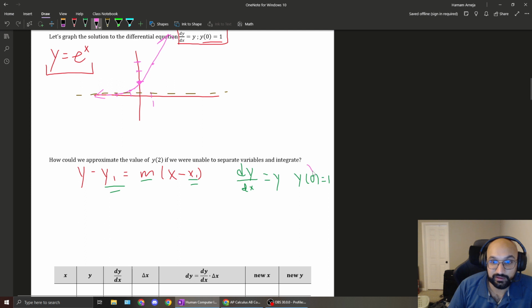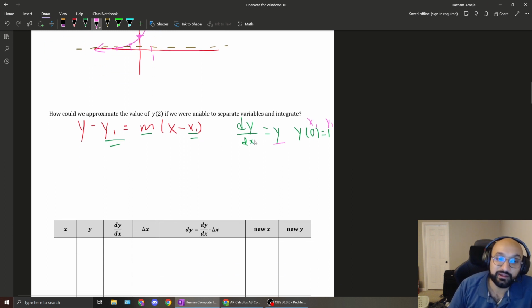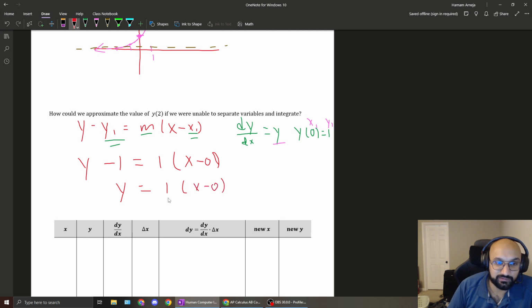This is x1, y1, and this formula can be used to give us m if we're given x1 and y1. What that means is we basically have y minus 1 equals 1 times x minus 0. This means that y is equal to 1 times x minus 0, plus 1.